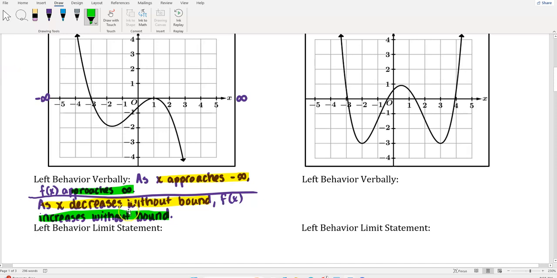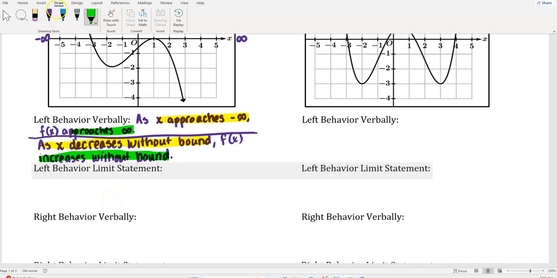Now, limit behavior. When you're doing limit behavior, you are going to do limit, L-I-M. Underneath the limit, you're going to put x approaches. We are on the left side, which is where x is approaching negative infinity. You want to make sure that you put f of x right here, or whatever function you're dealing with. It could be g of x, it could be h of x, whatever.